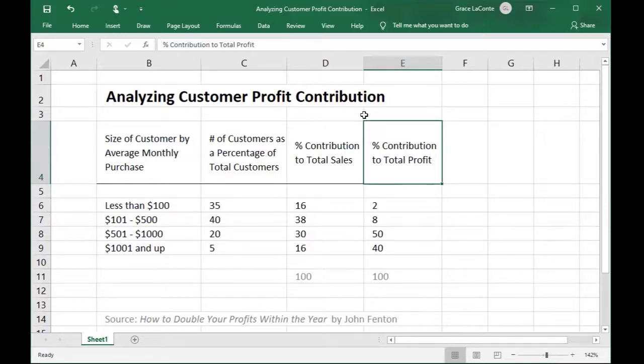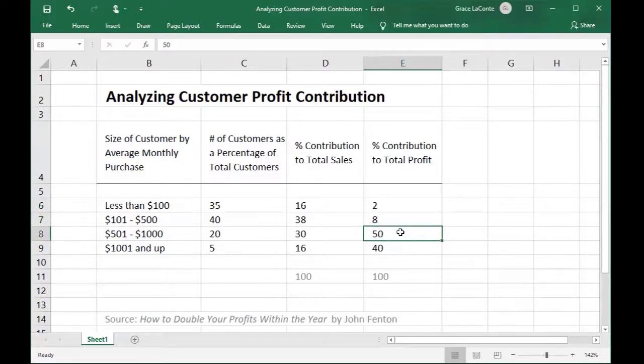So percentage contribution to total profit would be how much of the profit is coming from each of these purchase areas, these categories. So only 2% of the profit retained by the business comes from customers purchasing less than $100 a month. 8% of the profit is coming from purchases of $101 to $500.